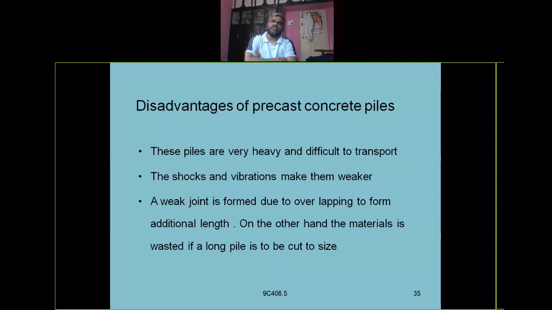So 10-meter piles or 3-meter piles are cast, and each pile is driven one upon the other. So well, overlapping like that. So there is a material waste, and the overlapping joint may become weak, right?